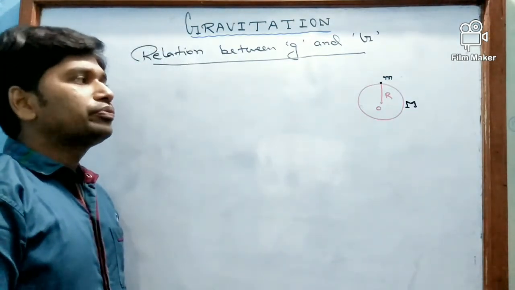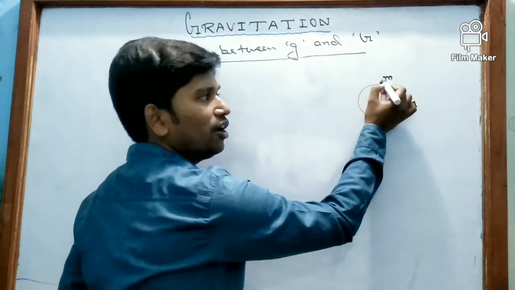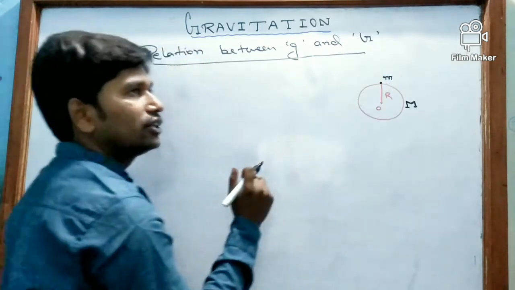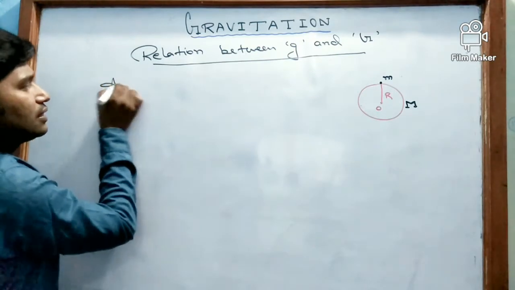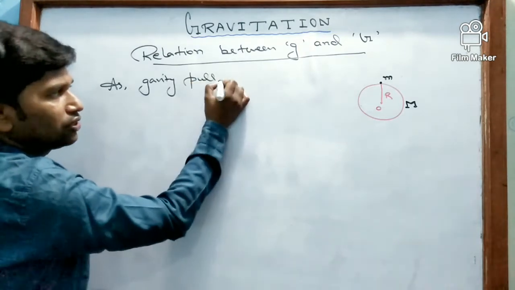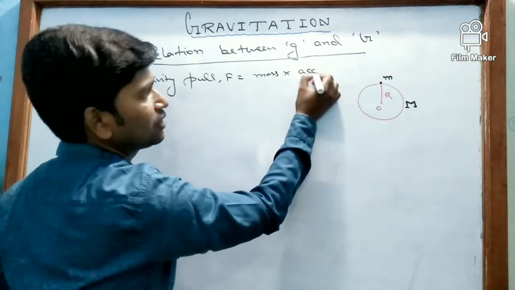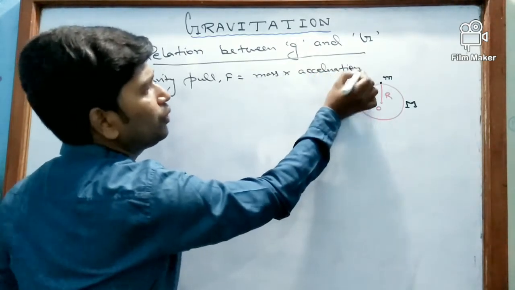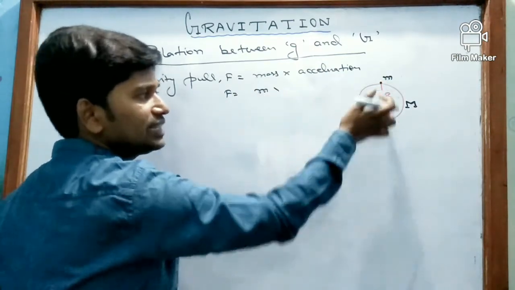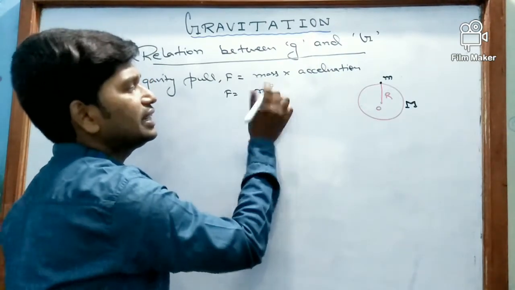So as we know, the body of mass small m will experience a force due to gravity. Gravity pull is a force, so we can write it as mass into acceleration. I have taken the mass small m, and the acceleration acting on the body is acceleration due to gravity, so we can write it g.